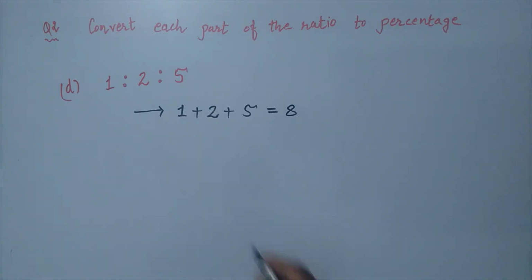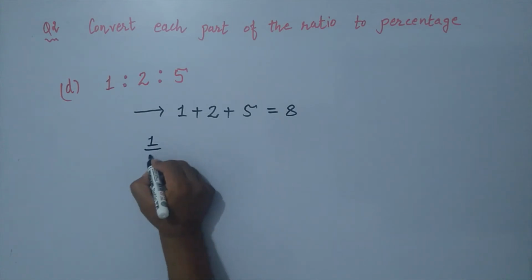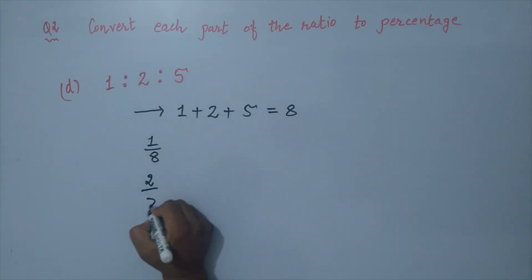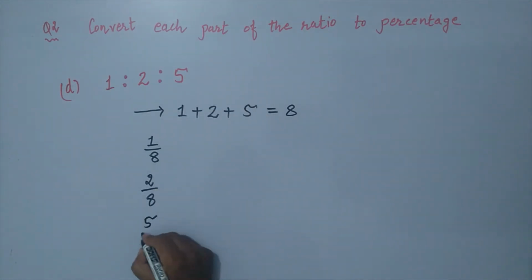Right? Now what we do? We write here 1 upon 8. Second time 2 upon 8. Third time 5 upon 8. We have to make denominator equal to 100. So which number we should multiply here?